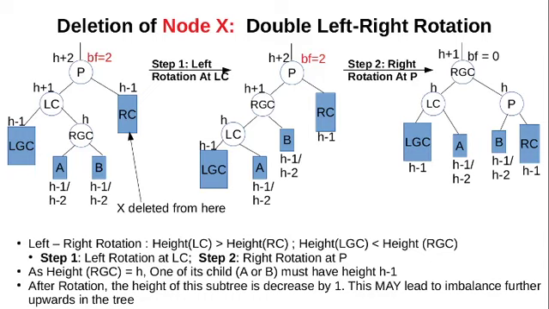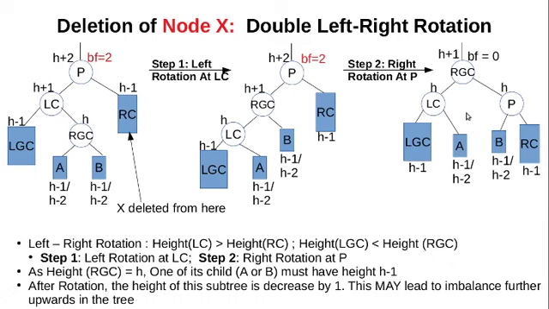As per the BST property, the values of B nodes are greater than RGC and less than P. So they can be attached on the left of P without violating the binary search tree property. The resultant tree after the right rotation is shown on the right.